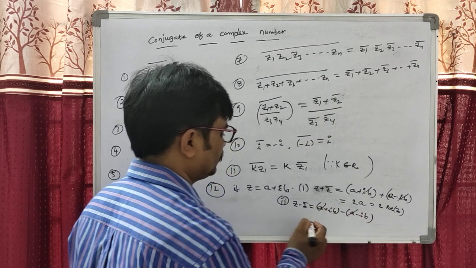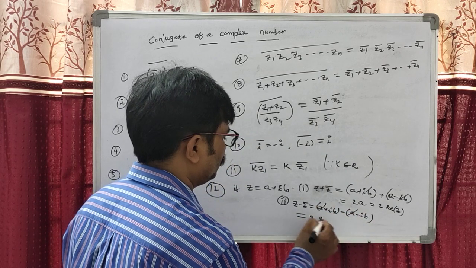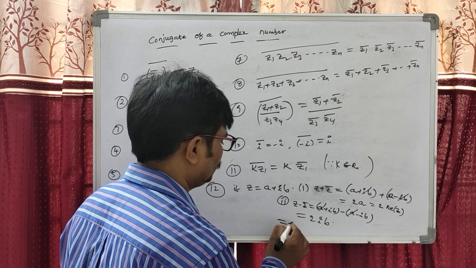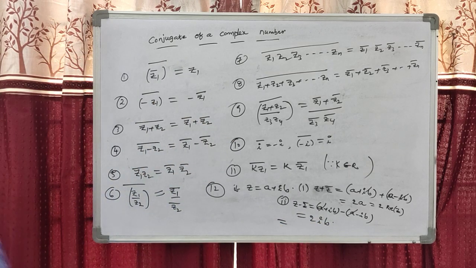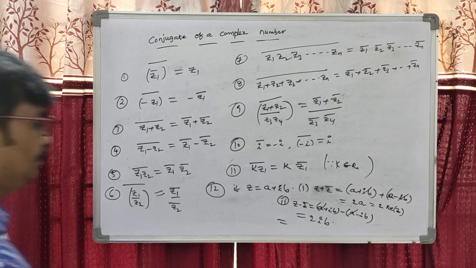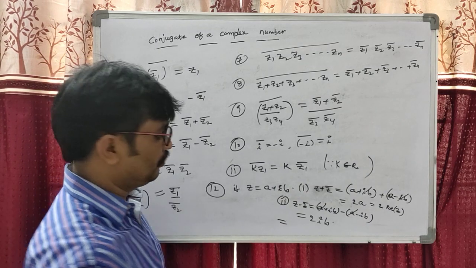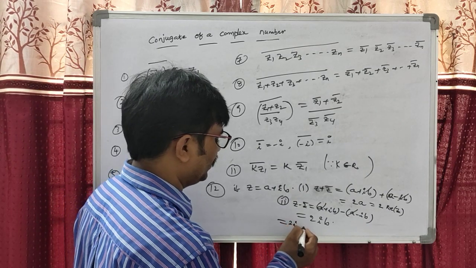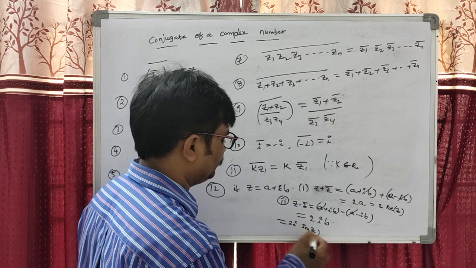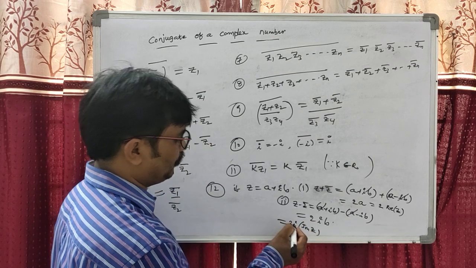The a's cancel, and that is 2ib. B is called the imaginary part of z, so it is 2i into the imaginary part of z.